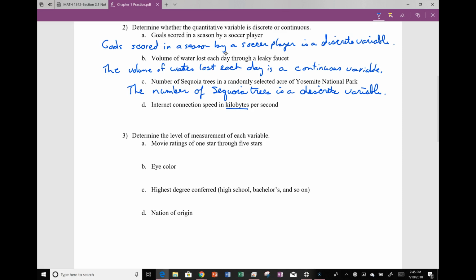In all honesty, the kilobytes per second is considered continuous because if we get more precise, kilobytes, we go down all the way to bytes, then yes, we can have everything in between 1 and 2 kilobytes. Because I can have a megabyte, I can have a byte, and those increase our decimals and that type of thing. Okay, so this is actually a continuous variable.